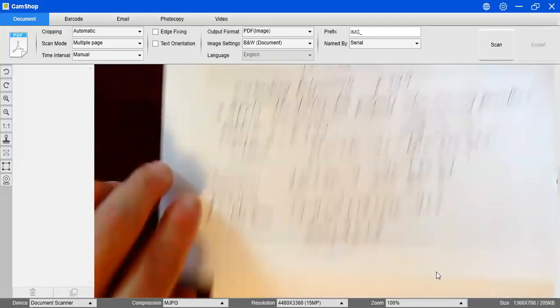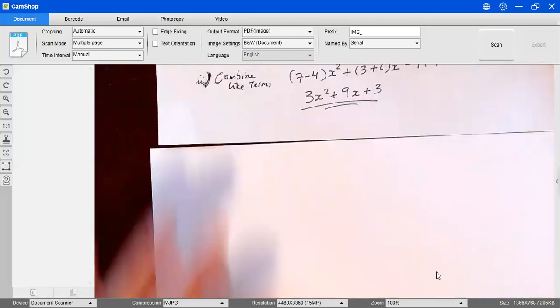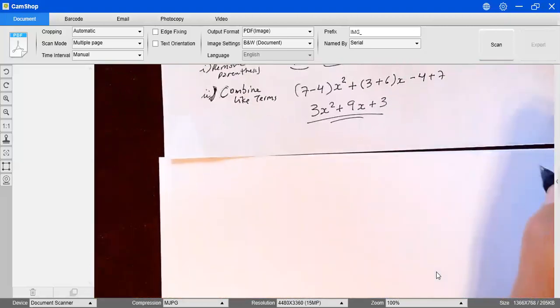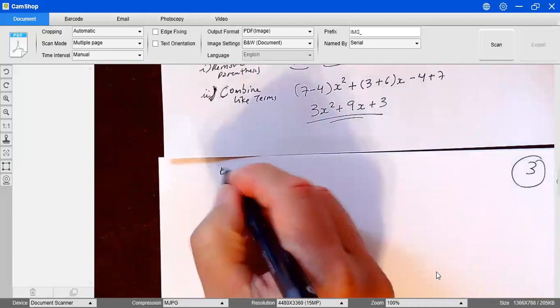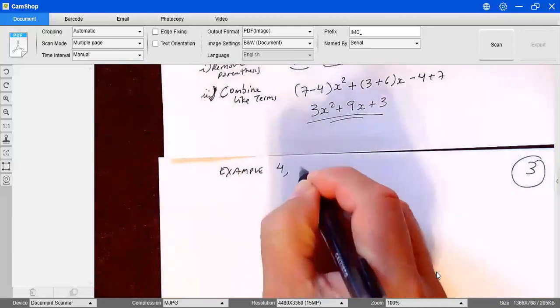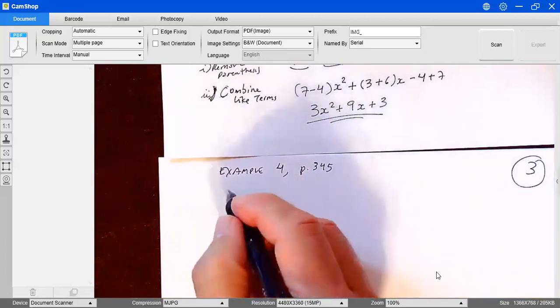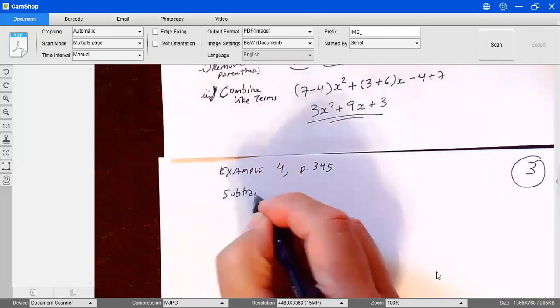So let's work 2 more examples. So let's see, we have example 4 on page 345. So we're gonna subtract.